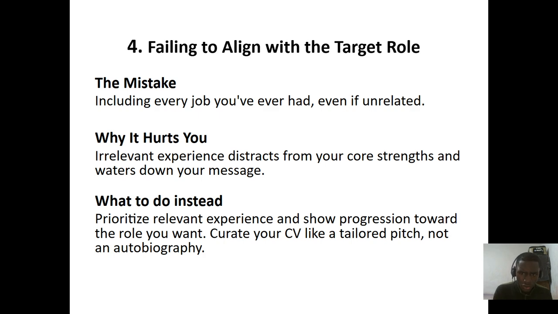So whenever you are creating your CV, prioritize relevant experience and show progression toward the role that you want. Even if you want to bring any experience that is unrelated, you should always make sure that the experience you are putting in shows progress and demonstrates your capabilities to work in the organization where you are now being recruited, right?